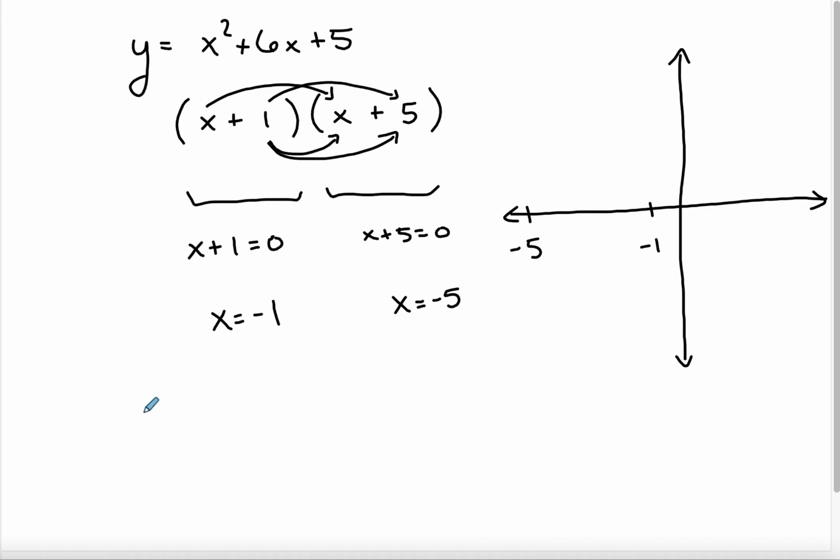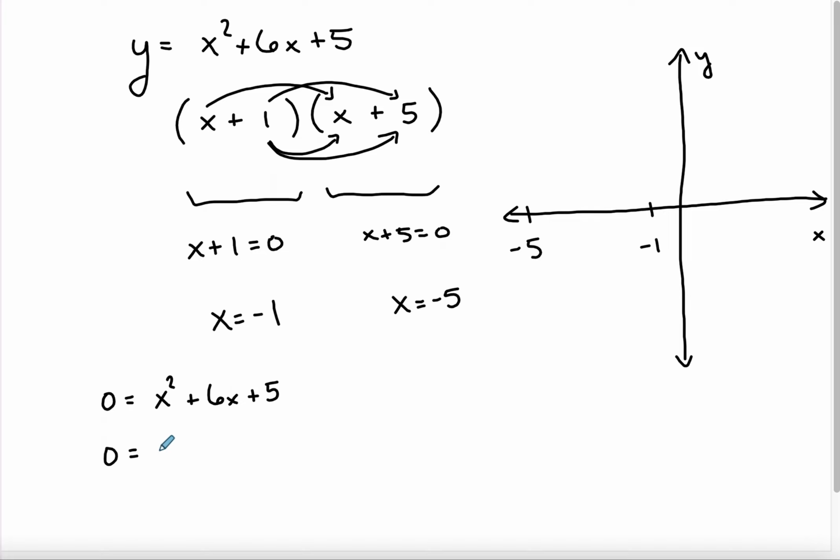You might notice that, well, what I've done here is I've set y equal to 0. Why? Because y equals 0 all along this x-axis, right? The value of y equals 0 everywhere along the x-axis. So if I set the equation value for y equal to 0, I am finding where this quadratic crosses the x-axis.